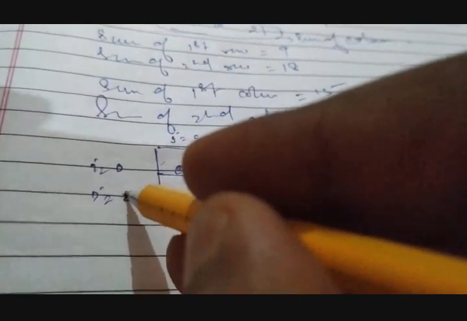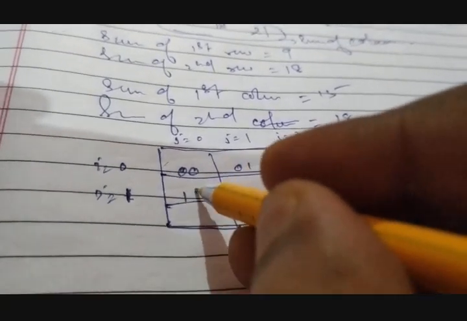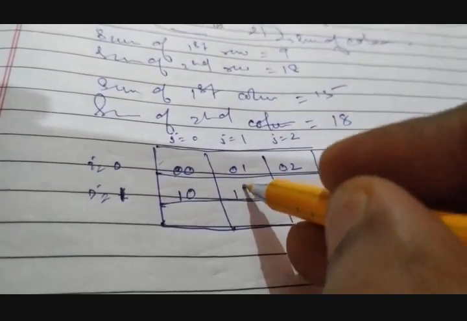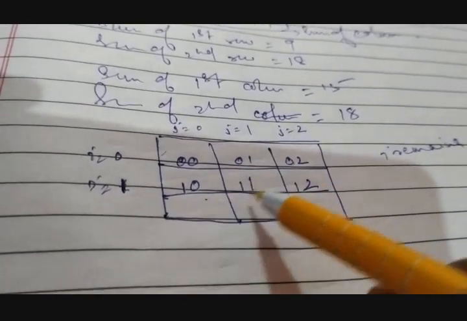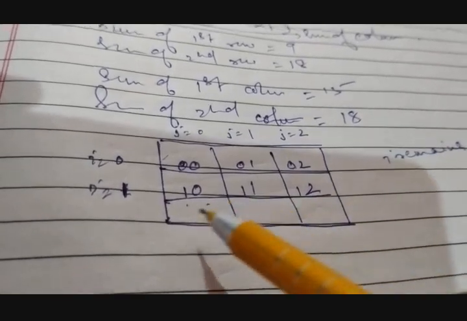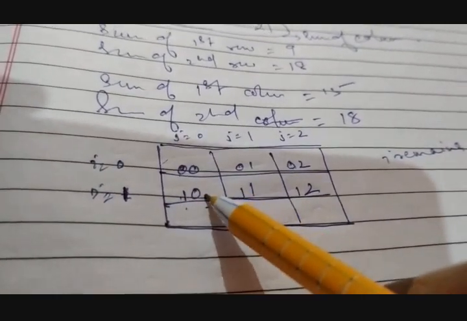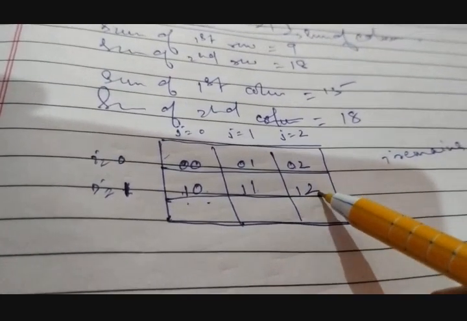Likewise, check it out. When i is 1, when you are going to add for the second row, then it is 1,0, then 1,1, then 1,2. Now the column is changing, the row is still remaining the same. 1 is row, 0 is column, 1 is row, 1 is column, 1 is row, 2 is column.